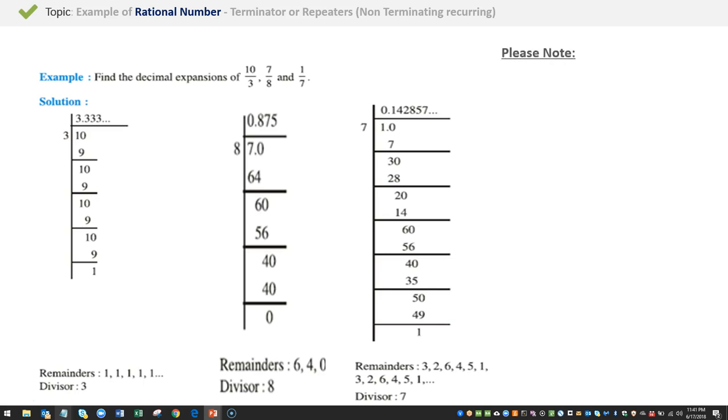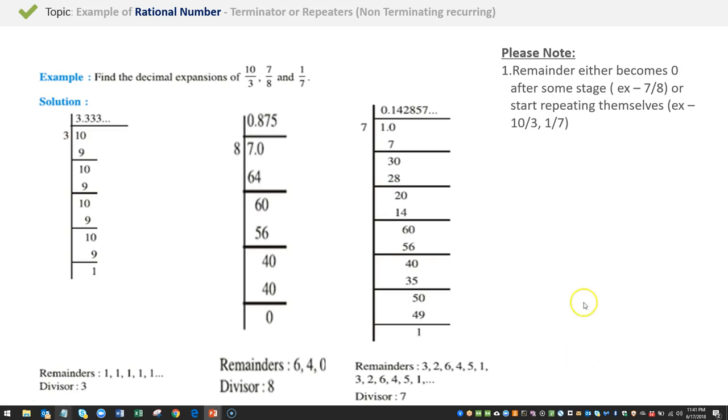A couple of points to remember. Remainders either become 0 after some stage, an example was 7 by 8, or start repeating themselves, examples were 10 by 3 and 1 by 7. Now, if you see the count of entries in the repeating string of remainders, 1, 2, 3, 4, 5, 6, it is always less than the divisor, and then it starts repeating.